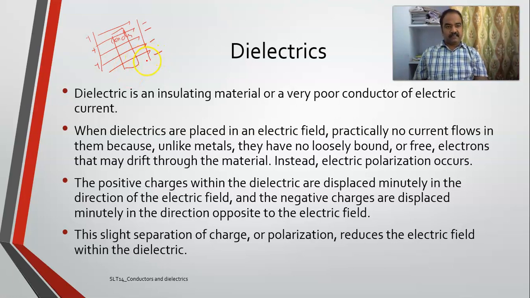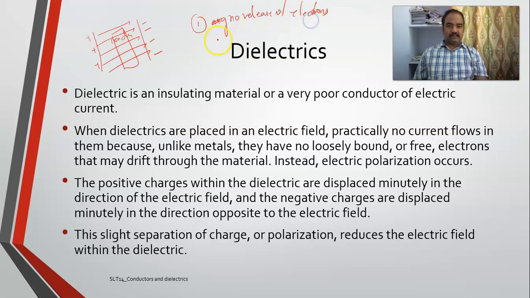Whereas insulators are normally meant to stop the flow of current. So they won't release electrons under normal conditions, and these electrons are strongly bound to the nucleus. Externally, there won't be any release of electrons.